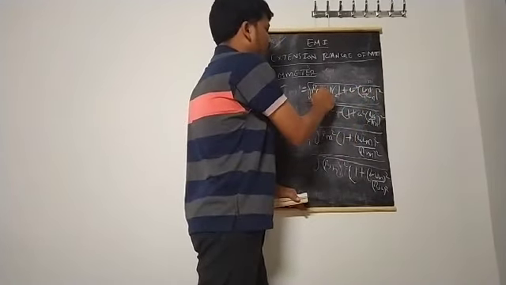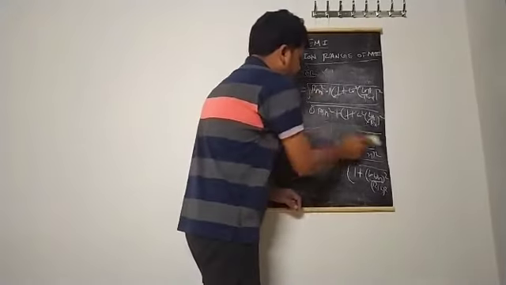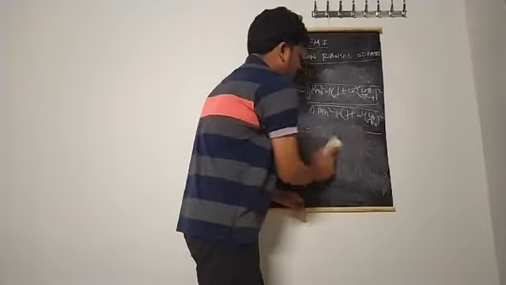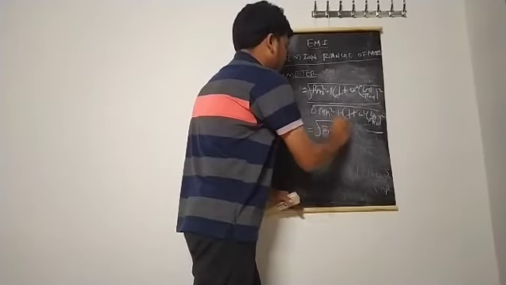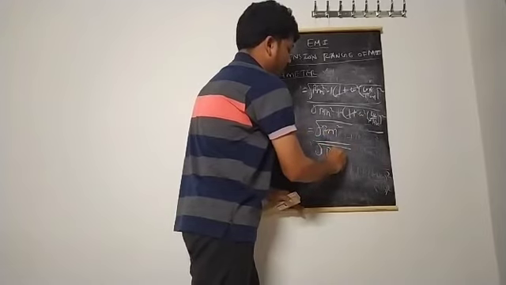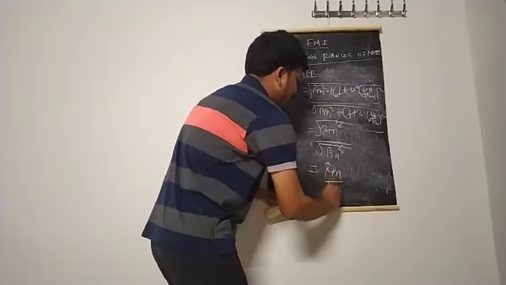Therefore square root of Rm square by RSH square. Finally we get Rm square by RSH square, square and root cancelled. Then we got Rm by RSH.